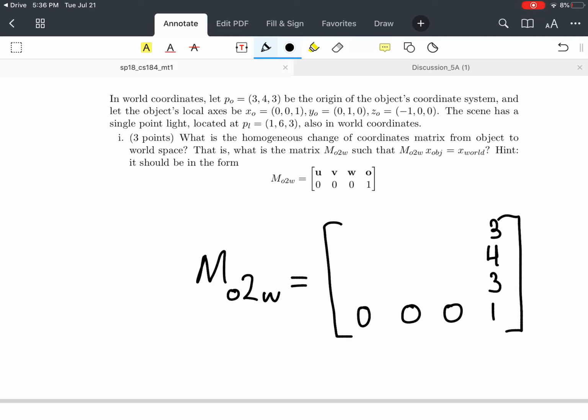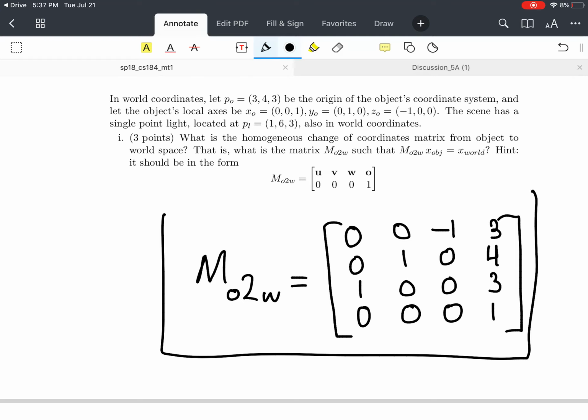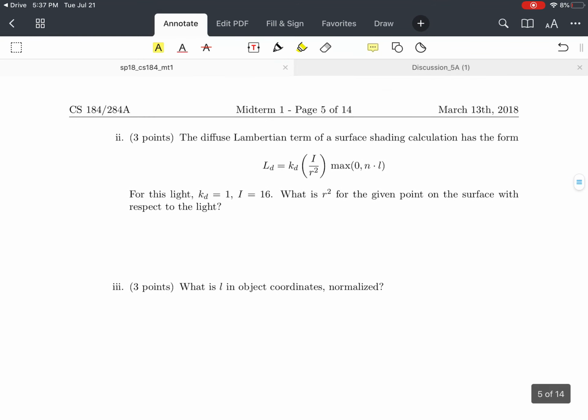So 1, 0, 1 is going to become 0, 0, 1. And then for y, similarly, we go 0, 1, 0. And then for z, we go negative 1, 0, 0. Okay, and that's it. There we go. We have our transformation matrix MO2W. Okay, so let's keep going.